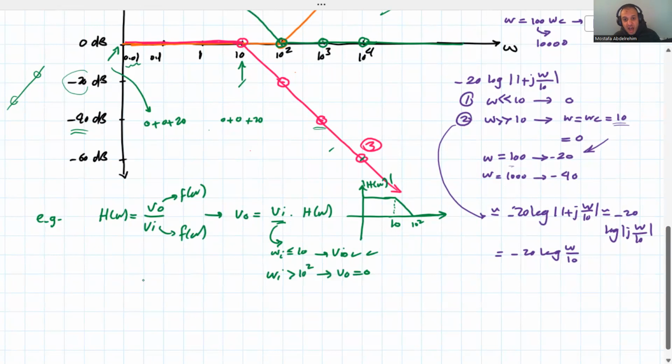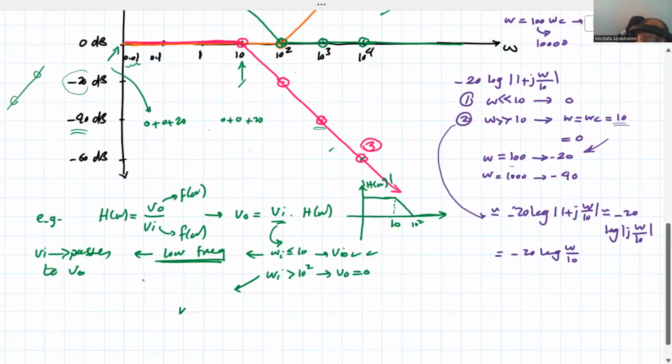Oh, so for low frequency, V input passes to V output. For high frequency, V input is blocked. V output equal to 0.